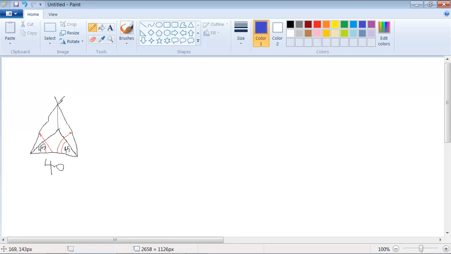Meaning, from this point you bisect here, from here you go here, from here you go around here, from here again you go here. When you join this point to the intersection, we're going to have this point here. We have these already. We're going to call this one 4, this one 5, this one 6.